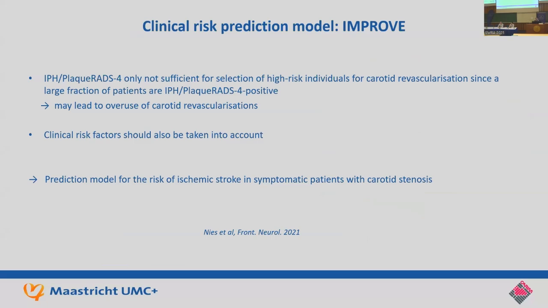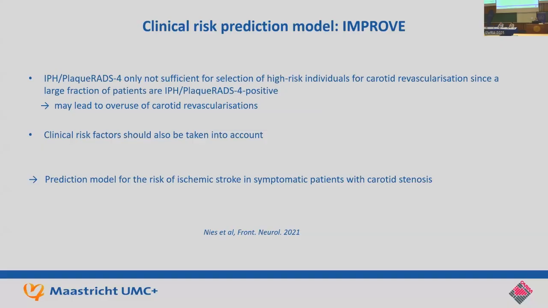So a challenge is still that if you would use carotid imaging to select a patient for carotid surgery, carotid endarterectomy, then you can see that in patients with less than 70% stenosis, the prevalence of intraplaque hemorrhage or a plaque RADS4 score is quite high.